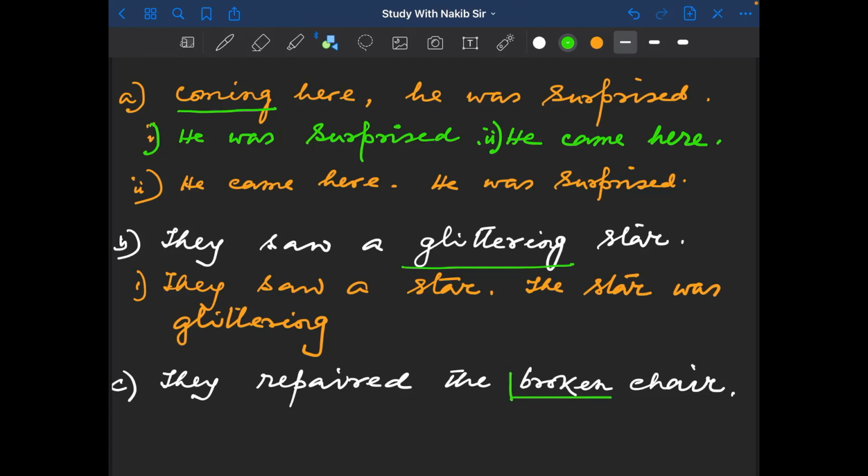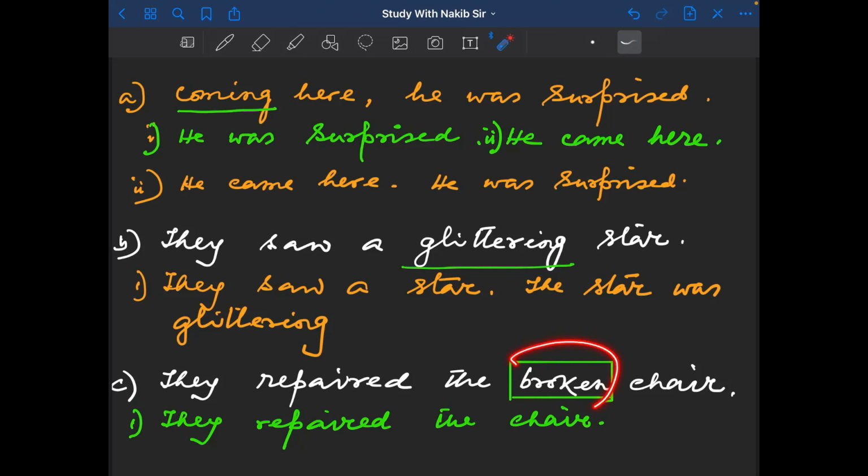No, it is past participle. So for the past participle we'll make a sentence of the passive voice, you have learned. Okay, with this part, they repaired the chair. Number 1, they repaired the chair. Okay, now what is left?